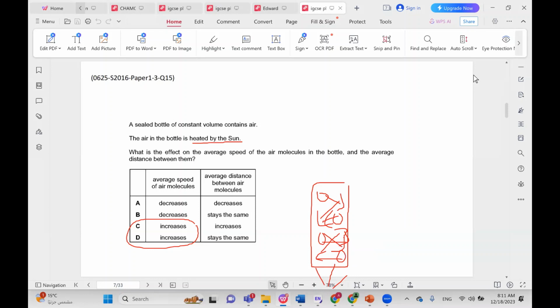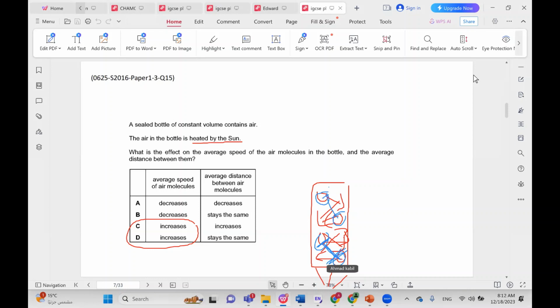Think of it this way. You have four molecules, sort of like four very small balls, for example, in this rectangular box, right? And they're randomly spread about. So what is the distance between them? The distance between them is roughly this amount, right? And then they're going to start moving about. So let's say this ball comes here and then this ball goes there. So what is the new distance? It's roughly still the same amount.